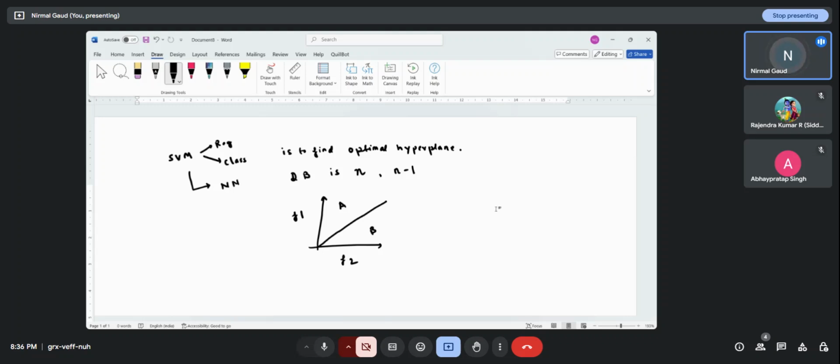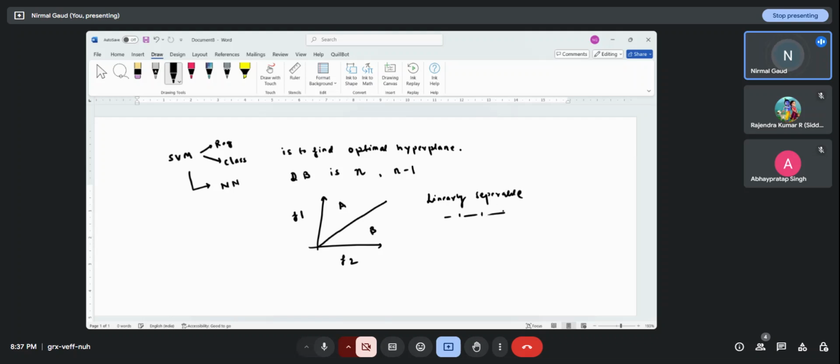Okay. So if you have 2D data, we can divide it by a line. Then for 3D, we can divide it by a plane. If you have 4D, then we can divide it by 3D, and so on. So, if your data is divided by a line, then it is said to be linearly separable.